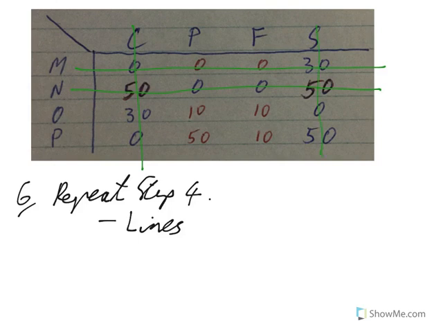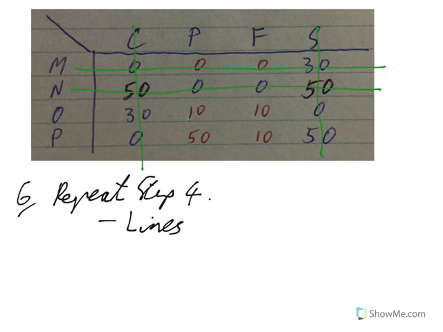But whatever way, in this case, we've got 4 lines, and 4 lines is what we're after because we've got 4 bits of information. So, what does that mean?